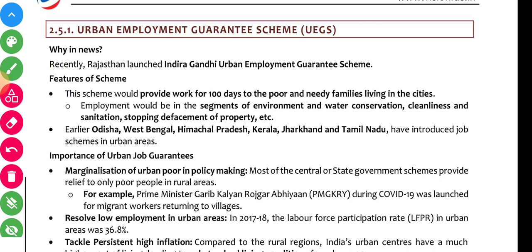This is related to the urban employment guarantee scheme like MGNREGA. So do not remember point to point. You can take this point and use it in your answers.